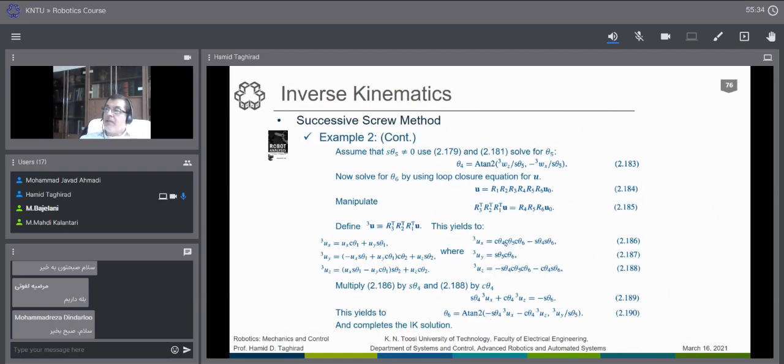Here we have multiplied this one by sine of theta 4, then cosine of theta 4, then we add them up, and then we have the sine of theta 6 very easily. Furthermore, we have sine of theta 6 and cosine of theta 6, and we can use arctan 2 to find theta 6 here.